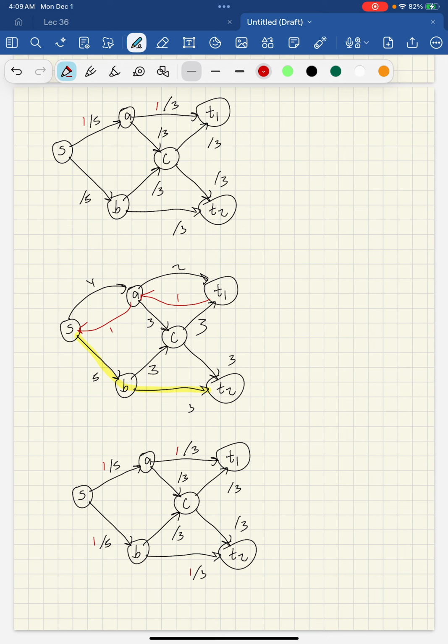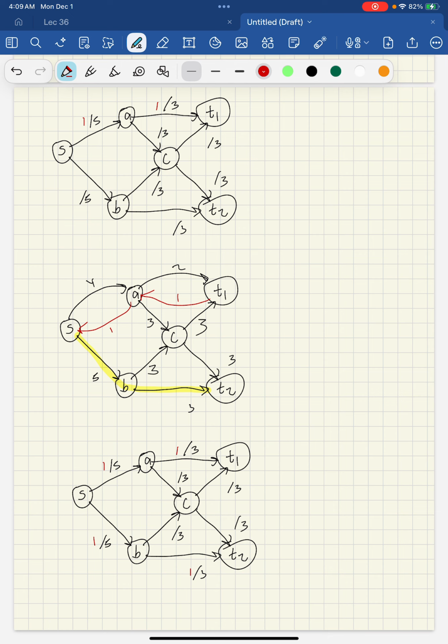Okay, so if we have V1F equals V2F, we can keep going as long as we can find either an S-T1 path or an S-T2 path in our residual graph. And we want to keep on going because we want to maximize our flow. So we will continue going until we can't. But if we have V1F being 1 less than V2F, we can only keep on going if we can find an S-T1 path.